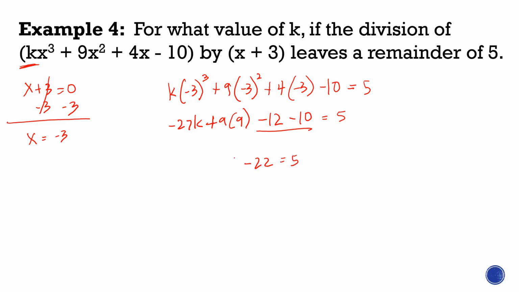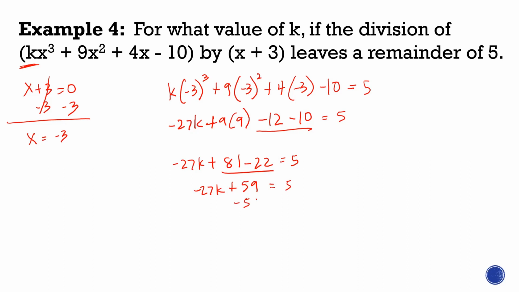This is 81 plus negative 27k. So 81 minus 22 is equal to 59. So negative 27k plus 59 equals 5.